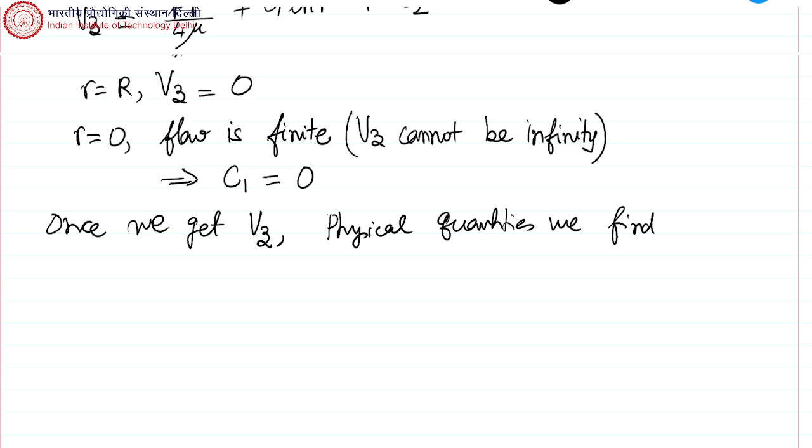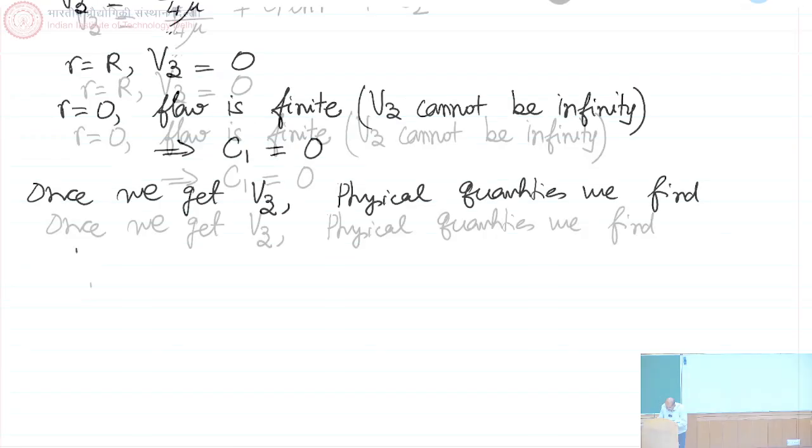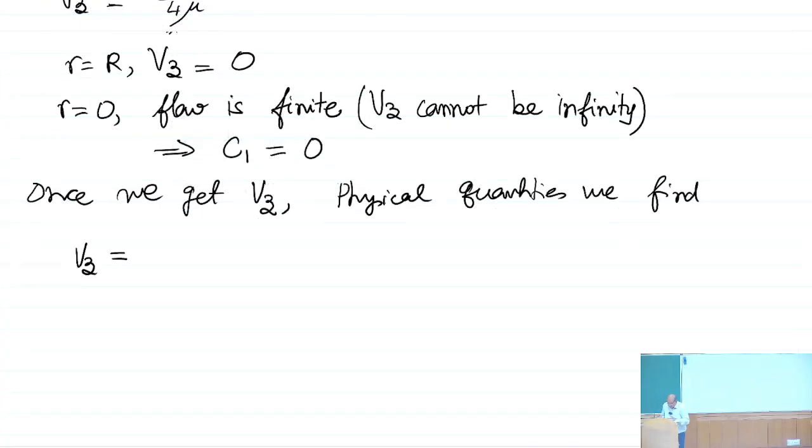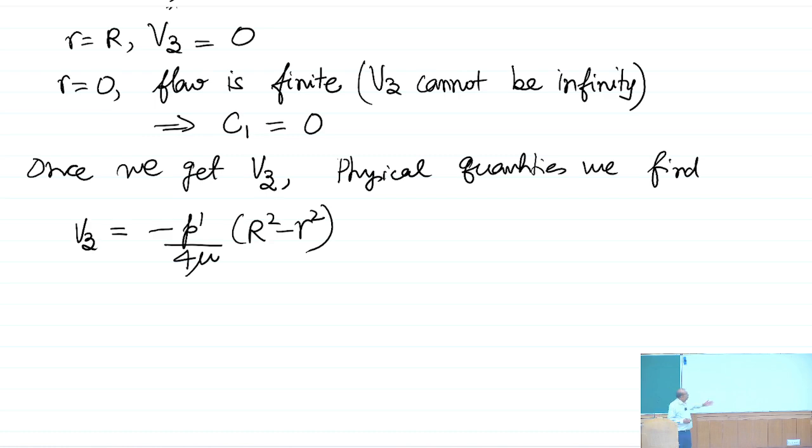If we finally write the form of Vz, it will turn out to be equal to minus P prime upon 4 mu times capital R square minus small r square. So one thing we can get is the flow rate.